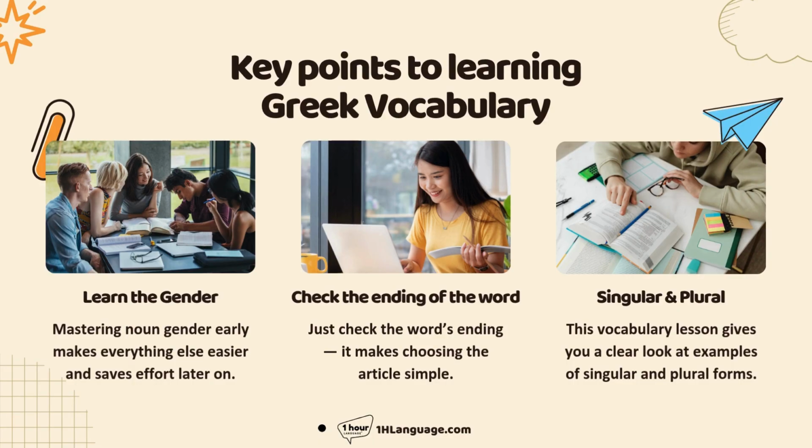Mastering gender early makes articles and adjective agreement much easier and saves you a lot of effort down the line. And finally, pay attention to the singular and plural forms. This lesson gives you clear examples to help you spot patterns and grow your vocabulary with confidence. Let's take a closer look at each of these points now.